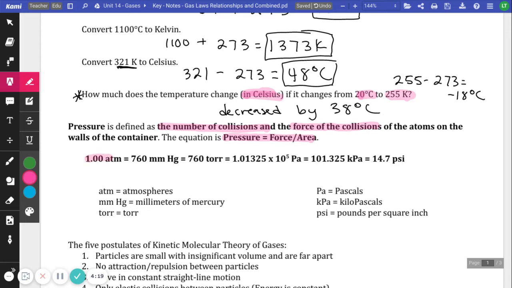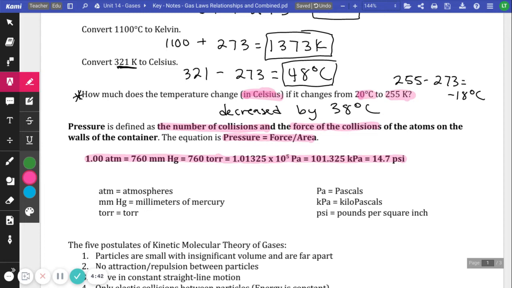So 1 atmosphere is equal to 760 millimeters of mercury, is equal to 760 torr, is equal to 1.01325 times 10 to the 5th pascals, is equal to 101.325 kilopascals, is equal to 14 psi.